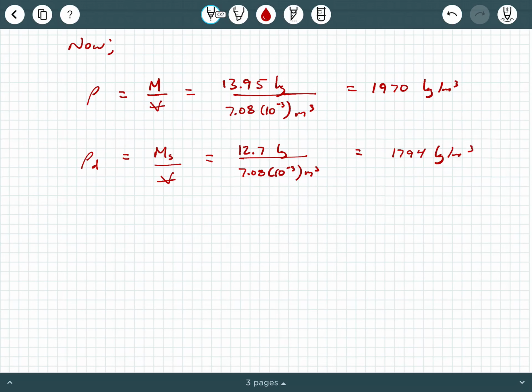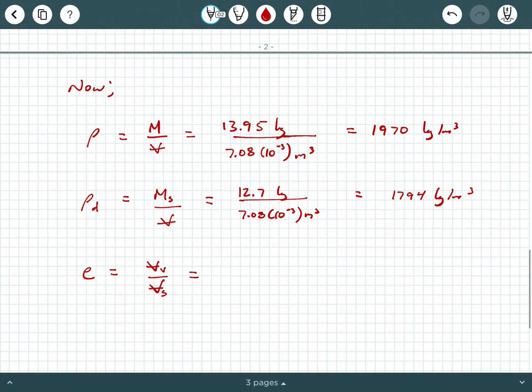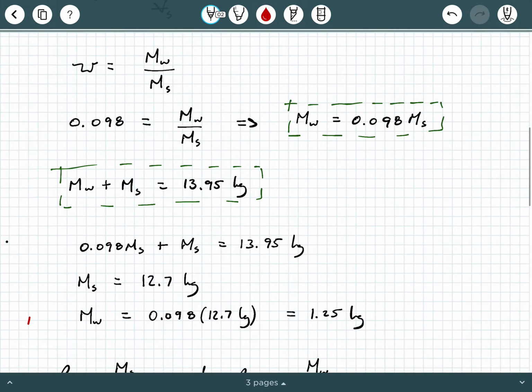Okay, what else did we need? We needed void ratio. What is void ratio? So that is volume of voids divided by what? Volume of solids. You need to make sure you know that. So volume of voids, we calculated that earlier.